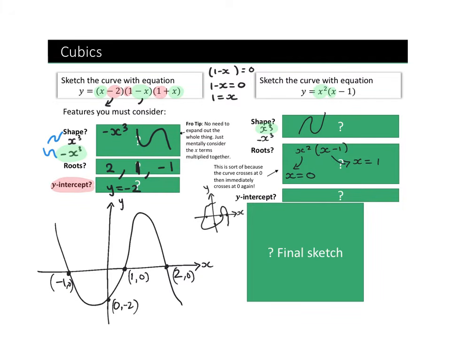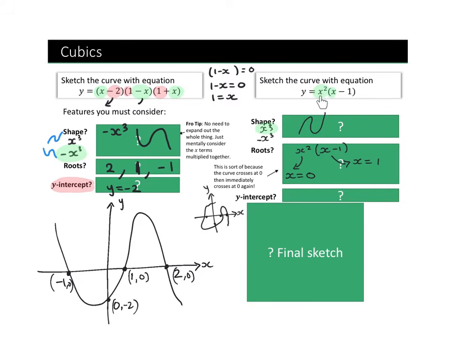So then, what's going to happen is the y-intercept. Now, if we have a look for the y-intercept, if you think about it, when we have 3 brackets together, you know all the numbers are going to be multiplied together.